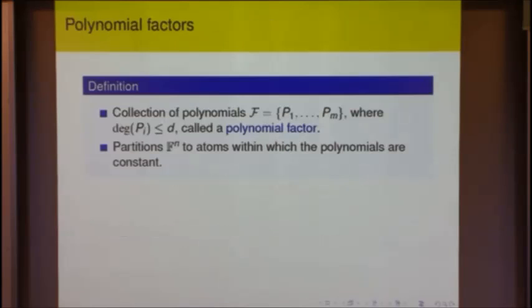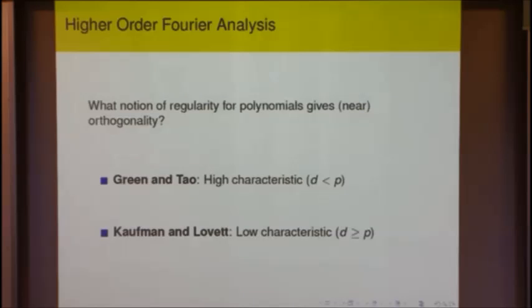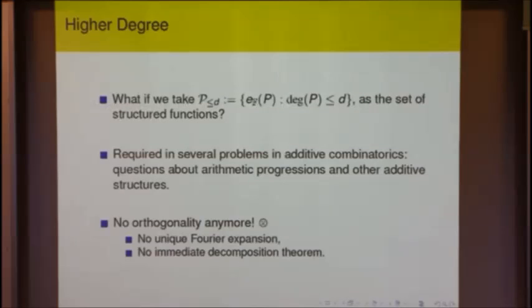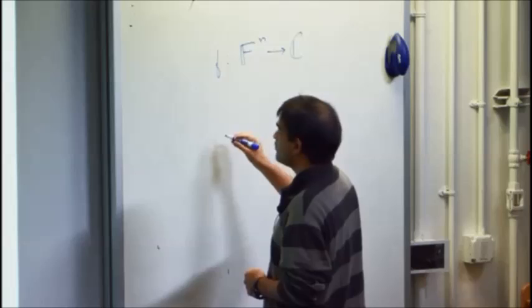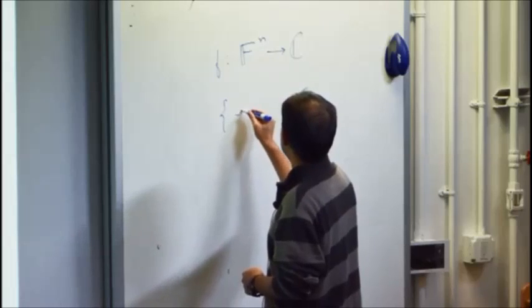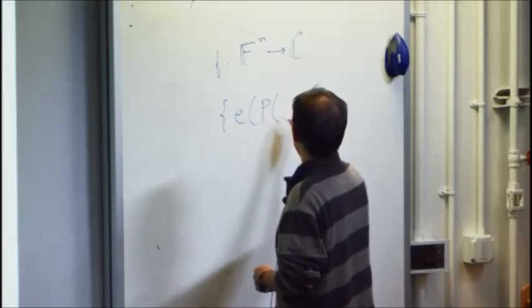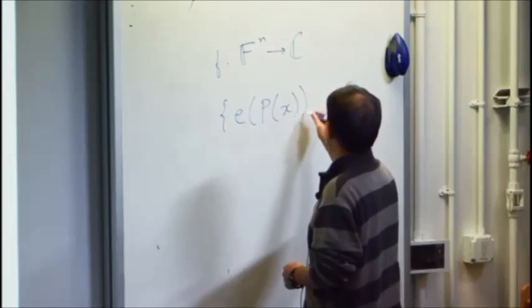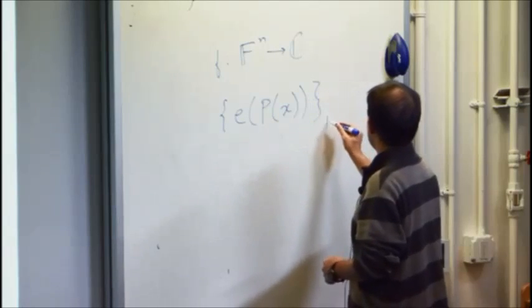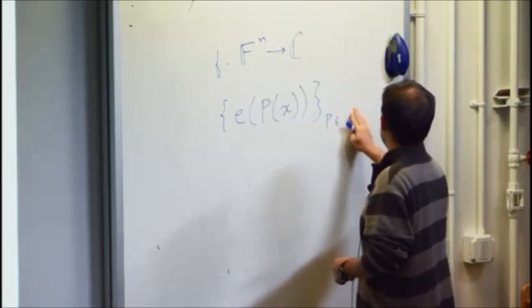Okay. So before I do this, let me make this notion a bit formal. We are given some function f, and we want to write it in terms of polynomials where these polynomials are of degree at most d.